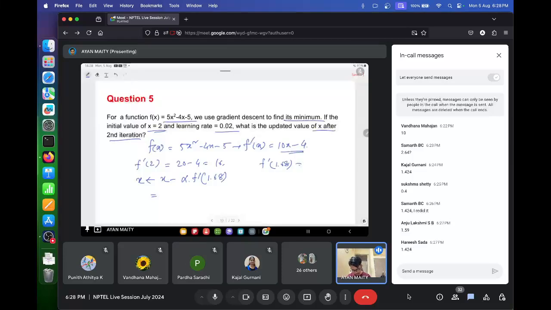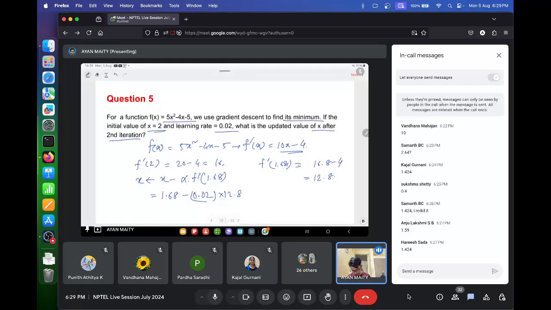There would be 16.8 minus 4, which is 12.8, the derivative value at 1.68. So this x is now 1.68 minus alpha, which is 0.02, times 12.8.